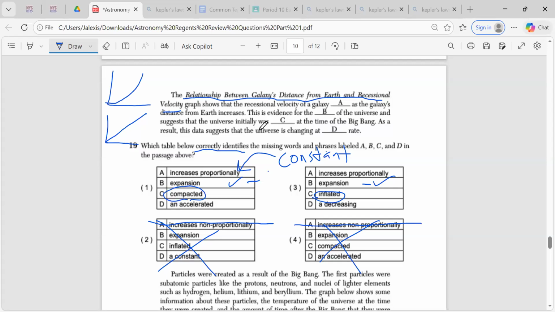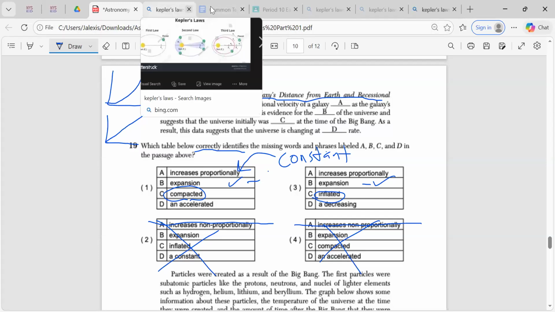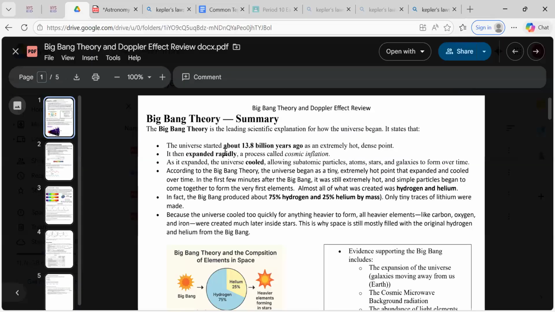This is more of a conceptual sort of question. In your homework, you've done some reading about the Big Bang Theory. One of the things it talks about is that the universe started 13.8 billion years ago as an extremely hot, dense point, and then it expanded rapidly.